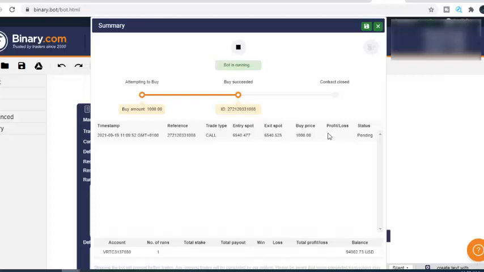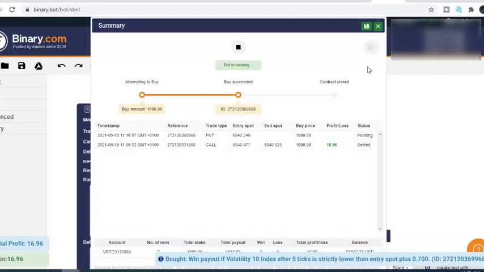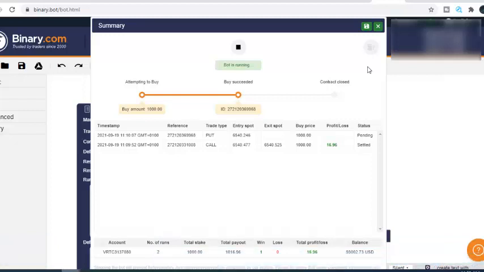So we're looking at making around 10% of that, which comes to $100.